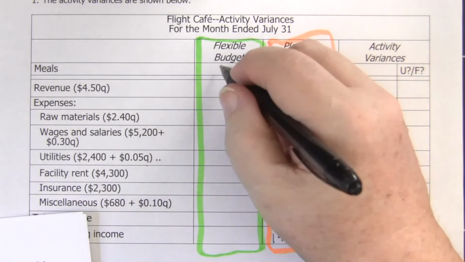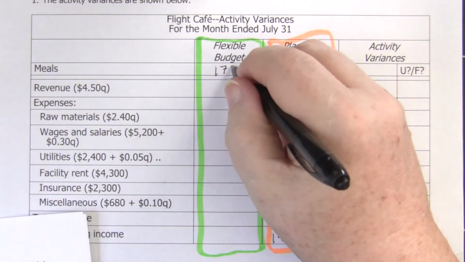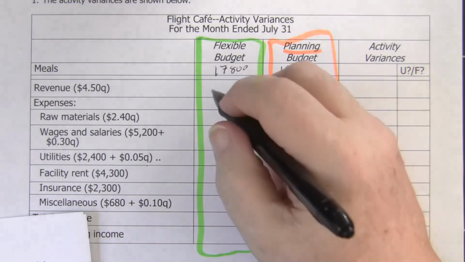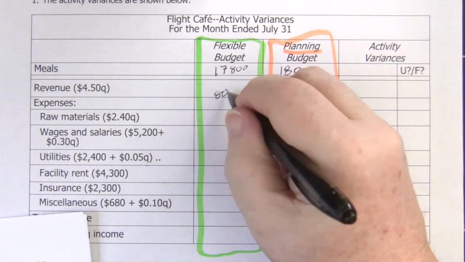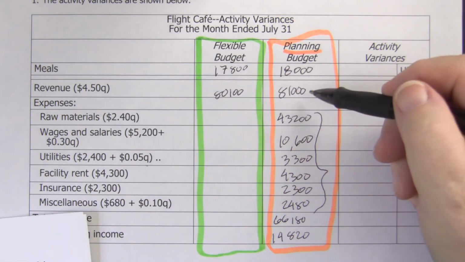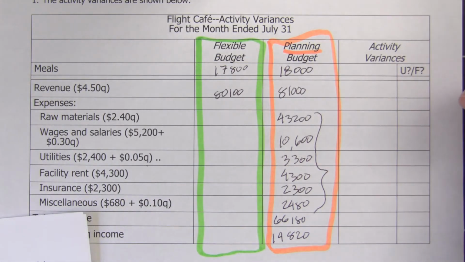So we actually sold 17,800 meals, 200 meals less. Our revenue was 80,100, which makes sense. It should be less. We sold less.